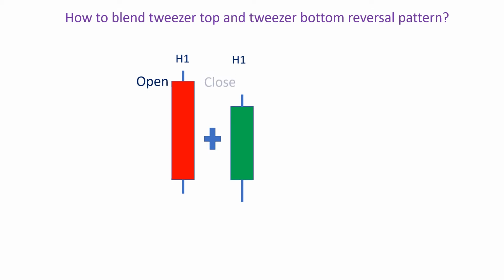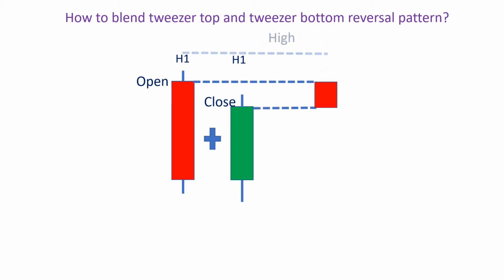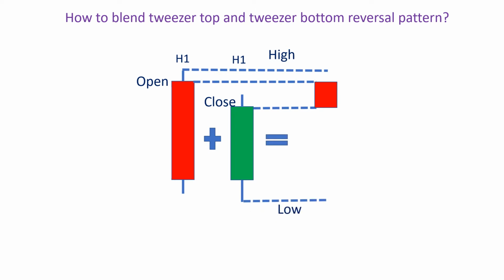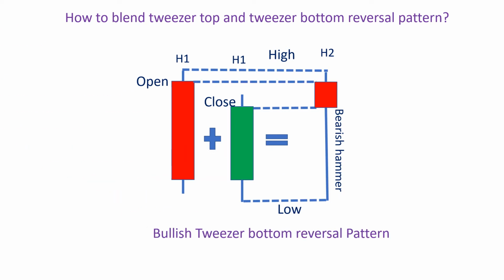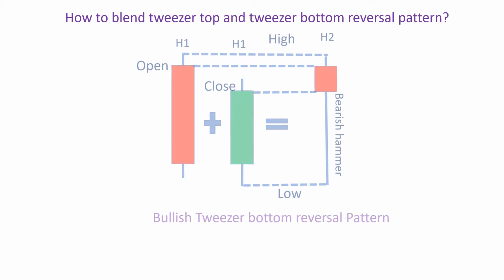We take the open of the first candle, we take the close of the second candle, we take the portion between open and close, and then we take the high and the low of the pattern. And the outcome is going to be a bearish hammer with H2 time frame, and this is a bullish tweezer bottom reversal pattern.